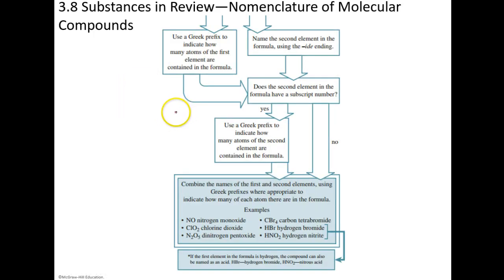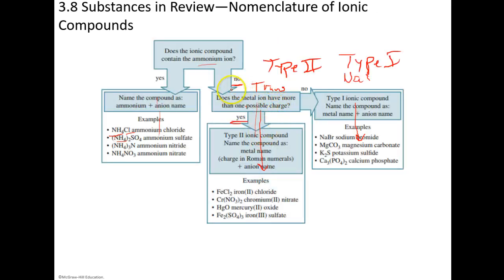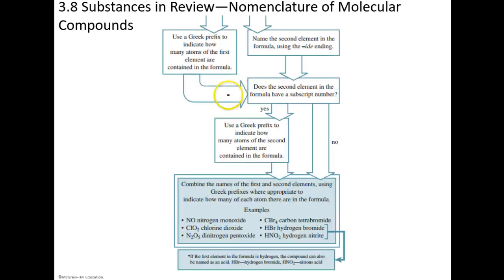And then it continues further. Basically, if it has no metal, I think you know it has no metal, so here's part 3. Then you name it as either the nonmetal types like nitrogen monoxide, or an acid if you have it as an acid.